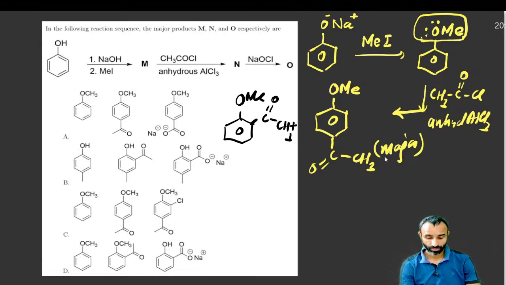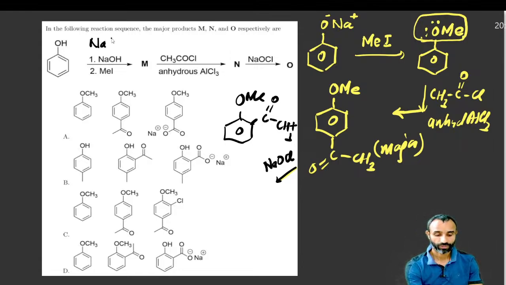Then next is we treat it with NaOCl. If we treat it with NaOCl, what is this? This is NaOH plus Cl2. Yes, sir.